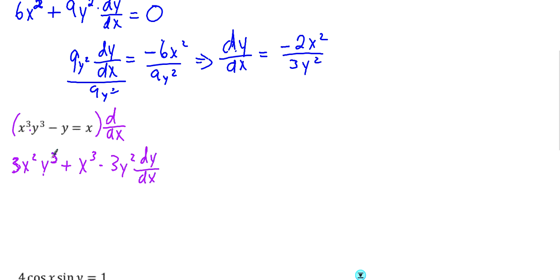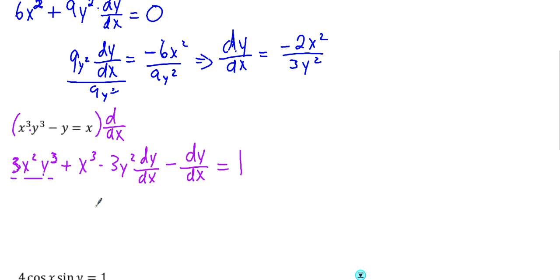So that's the first part, minus the derivative of y, which is dy over dx, equals the derivative of x, which is 1. Now we move any term that doesn't have a dy over dx in it to the right hand side.